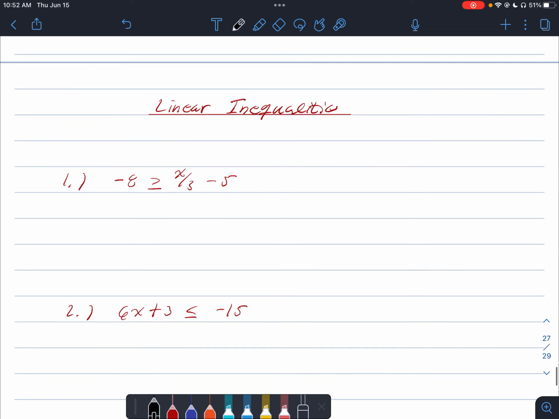We have this symbol, which means strictly less than. We have this symbol, which means strictly greater than.